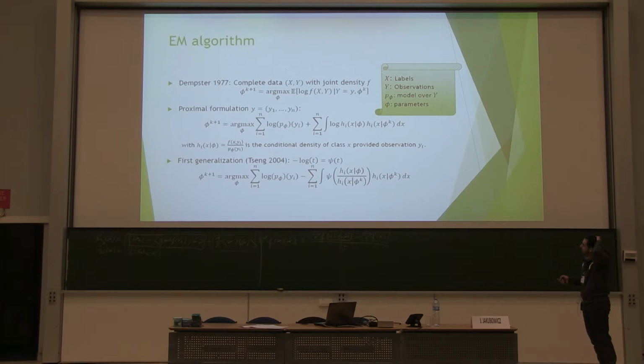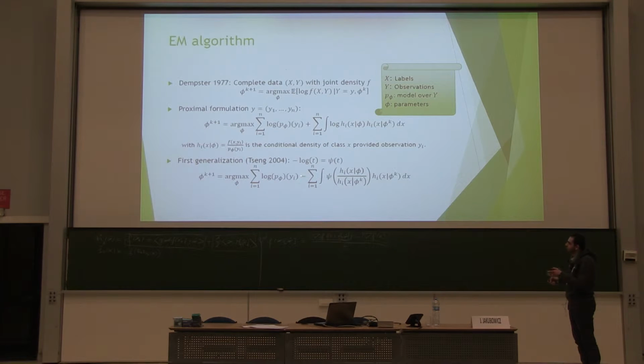As we write the EM algorithm as a proximal point algorithm, there was a generalization proposed by Tseng in 2004, who tried to generalize this line by replacing the logarithm function here by any, let's say, concave function.